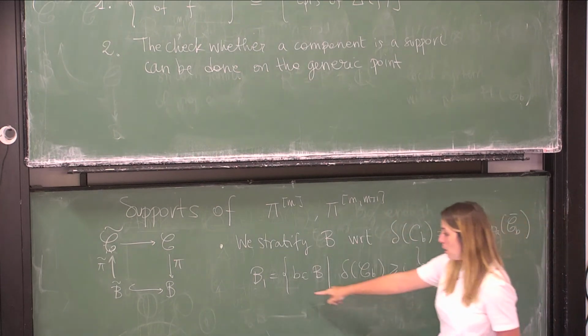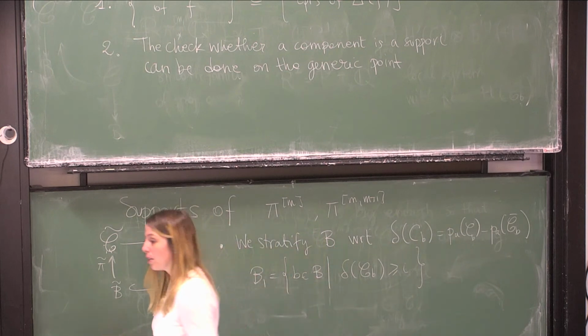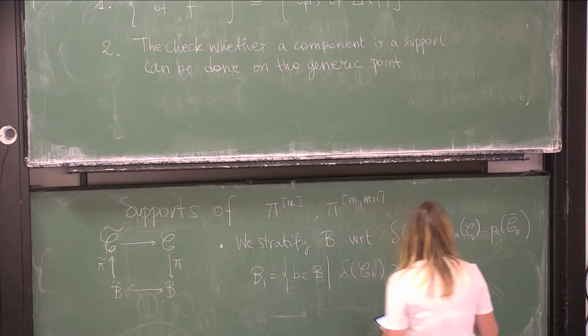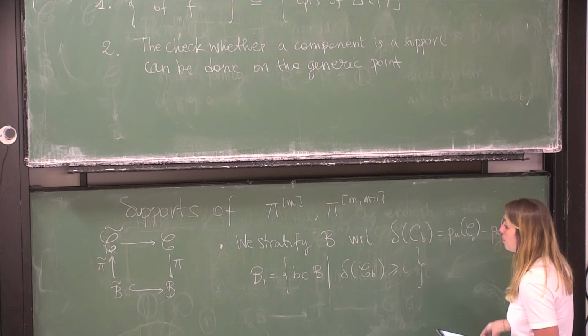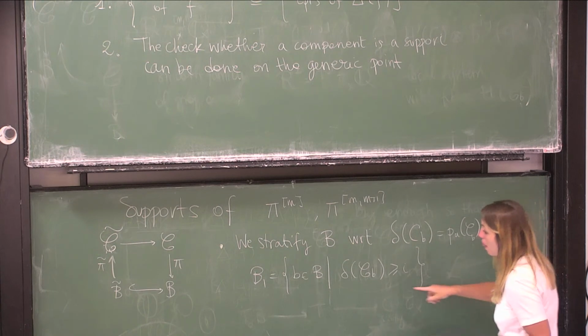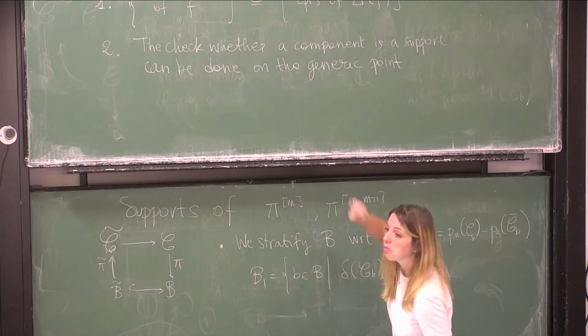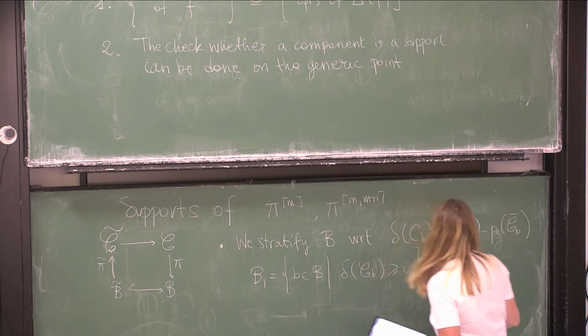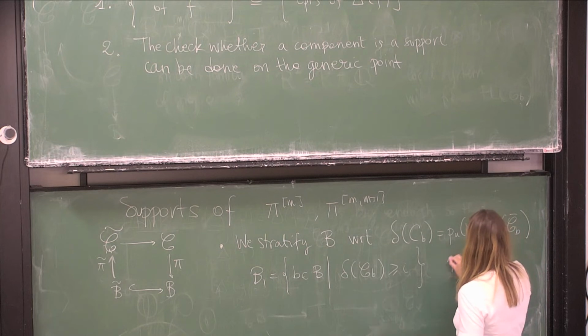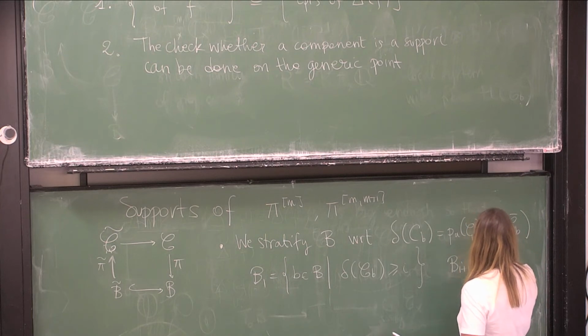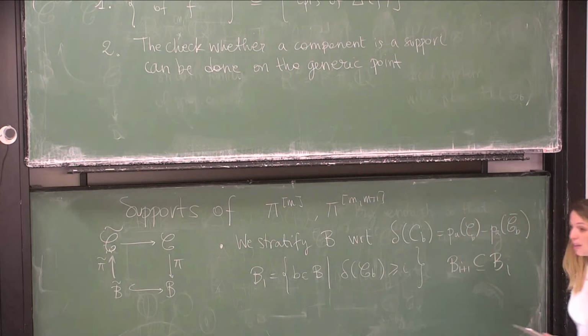So this, guys, looks actually good as a higher discriminant. B_1 minus B_0 is the smooth one, like a higher discriminant. Moreover, B_(i+1) is included in B_i, like a higher discriminant.